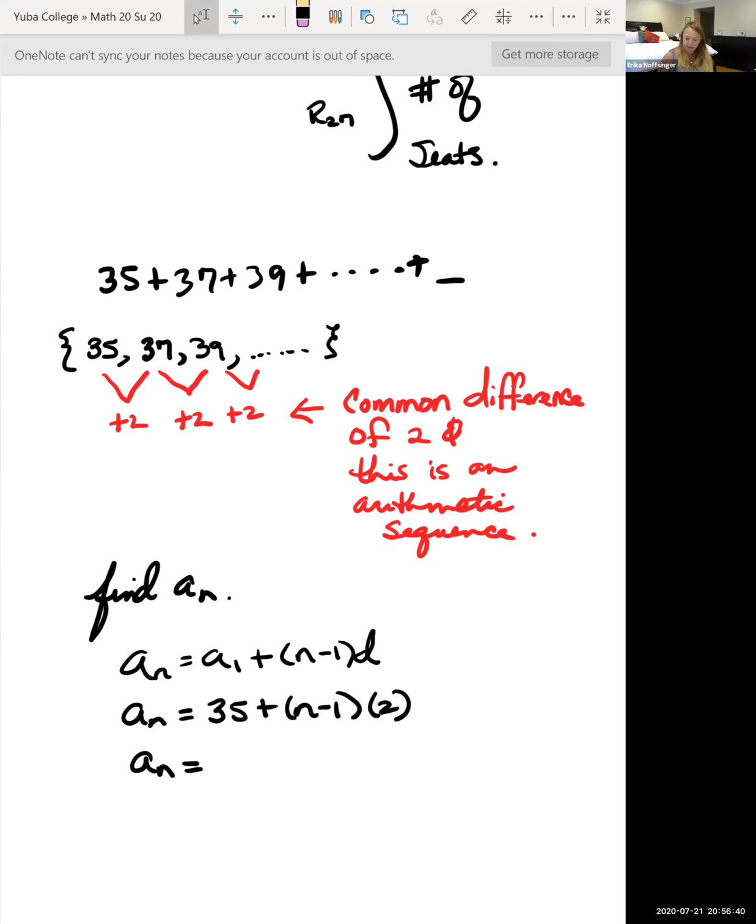I'm going to simplify for now. I'm going to distribute my 2 and combine like terms. So doing that, I get 35 plus 2n, 2 times the negative 1, so minus 2. So a sub n, another way to write this is 35 minus 2, which is 33, so 33 plus 2n.